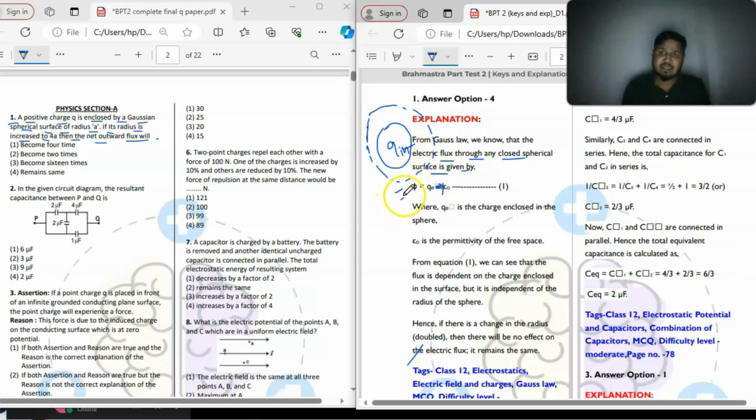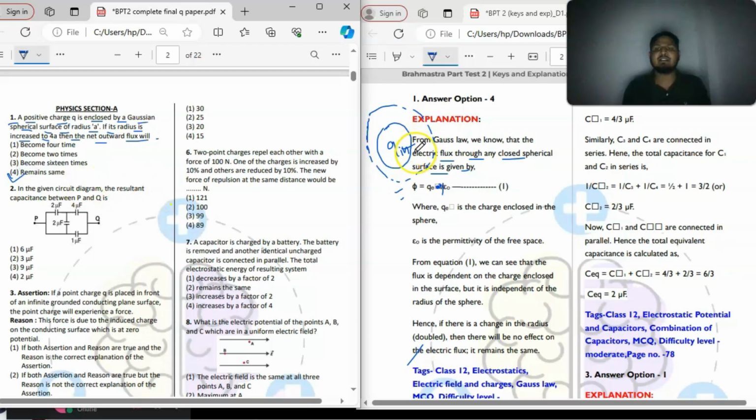The flux will remain the same because our Q enclosed is not changing, right? By this concept, our fourth option will be the correct option, because it does not depend upon the shape of the Gaussian surface.